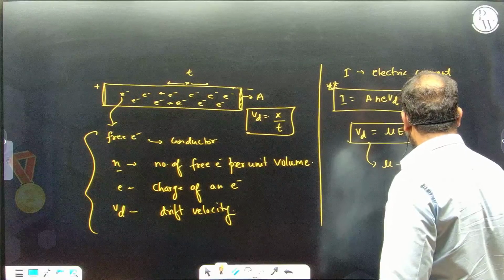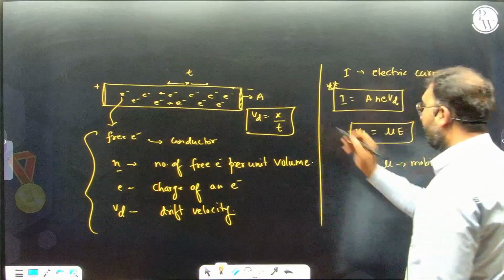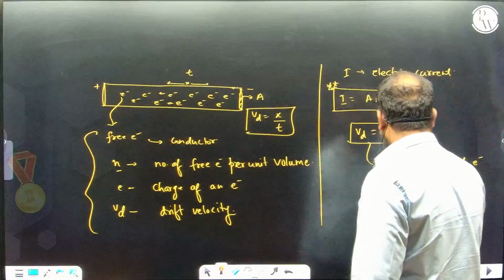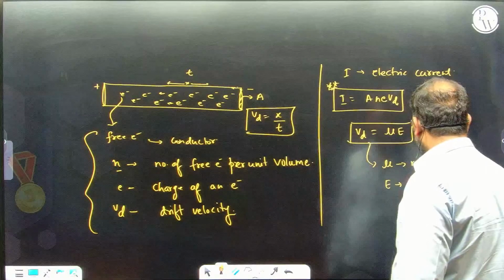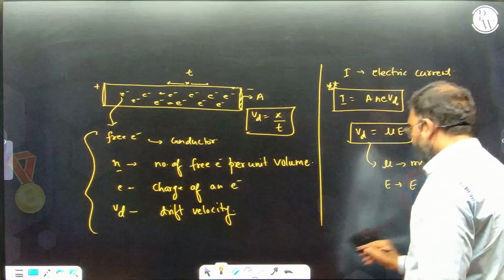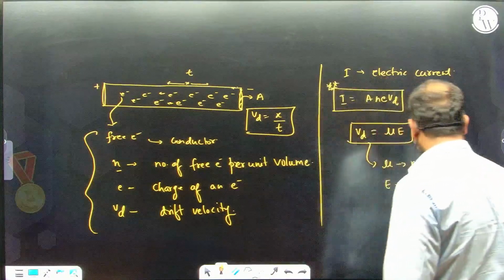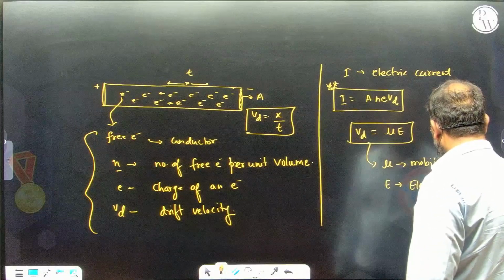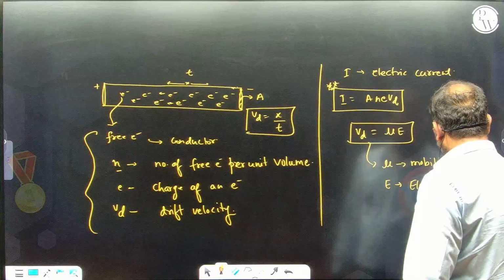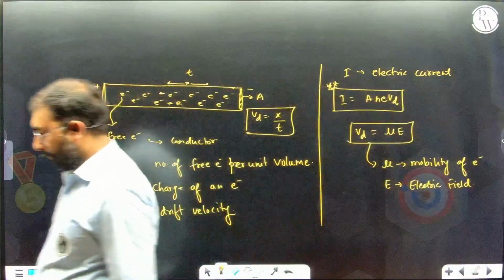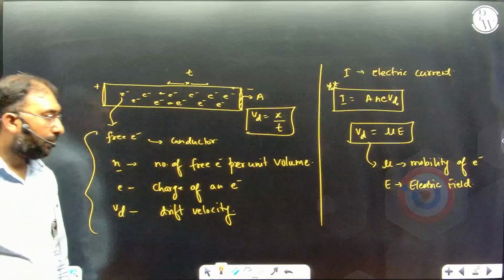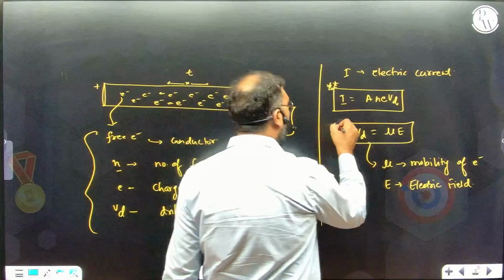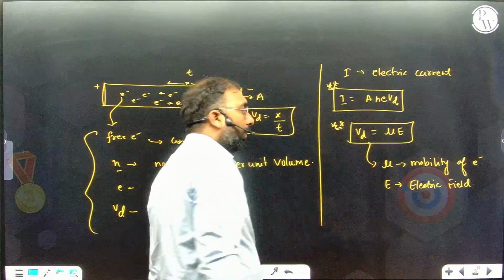In this case the charge particle is electron, so this is mobility of electron, and E is electric field. So this is one more formula that you have to remember, and based on this formula we'll solve a few questions.